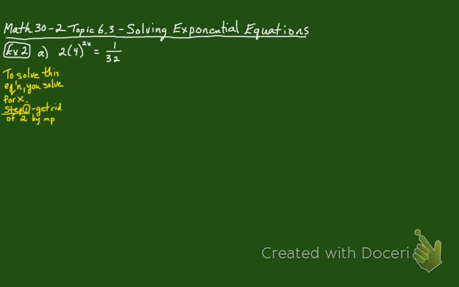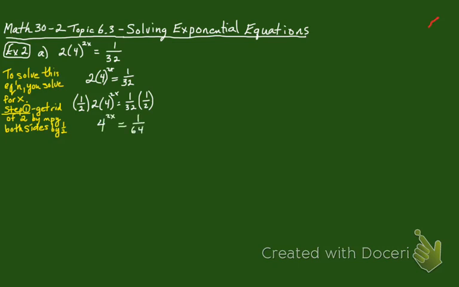Step 1 is to get rid of the 2 by multiplying both sides by 1/2. So if we take our original equation times both sides by 1/2, we will get 1/2 times 2, which is 1 times 4 to the power of 2x, equals 1 over 64. Now, as I said, we've got base 4.